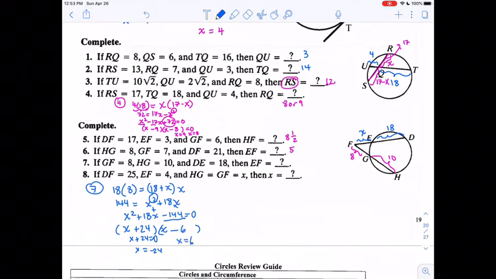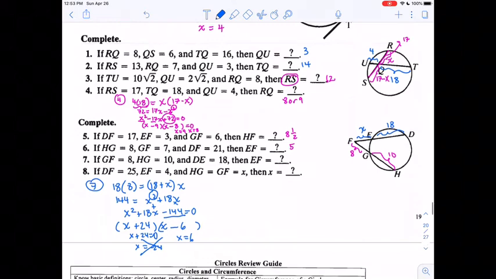Well, if x represents the length of a segment, it's not possible for it to be negative. So my only possible answer is x equals 6 for this one, as opposed to the previous example where both were positive. So on 7, we go back to the picture. The picture we have labeled EF is x, and so we solved for x. My answer should be 6.